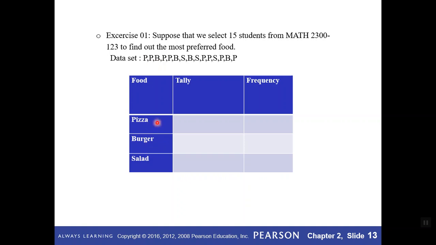I have to count how many pizzas, how many burgers, how many salads are there. I can count: there are 3 salads. Then you have to count how many pizza, how many burger. Altogether, 6, 9, 12, 15. Yes, there are 15 preferences here.